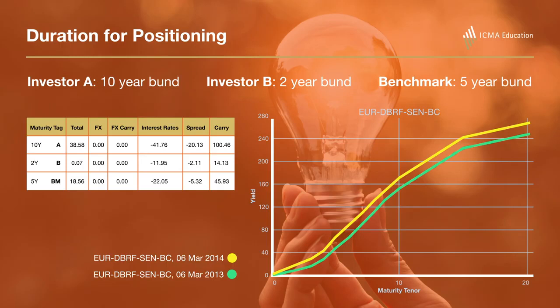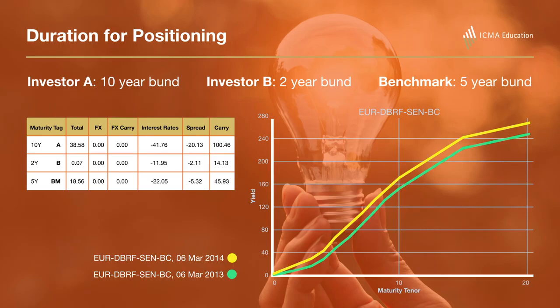And you see that, based on movements in the curves, so based on interest rates and spreads, the 10-year bund owned by investor A would have lost 62 basis points. The 5-year would only have lost 27, adding up the two columns, and the 2-year would only have lost 14 basis points.